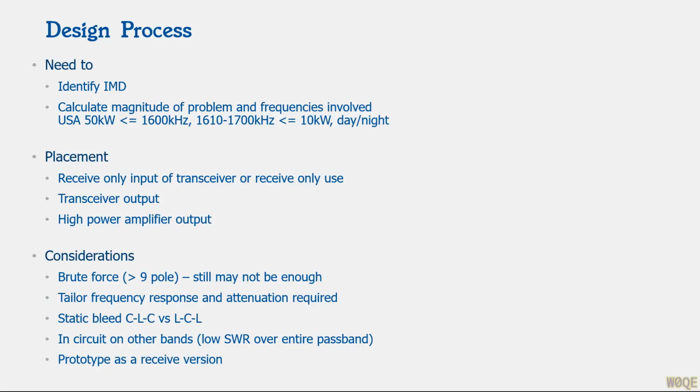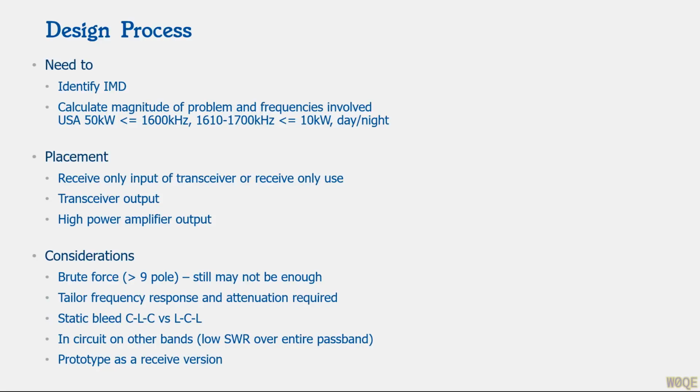In the case of most amateur radio transceivers that are the higher end transceivers, we have an alternate input, a receive-only input of a transceiver, and we can put a filter there. However, you may not be using a receive-only antenna, in which case you need to build a filter that would go on the output of your transmitter and use some relays to switch in and out that filter when you're transmitting or not transmitting.